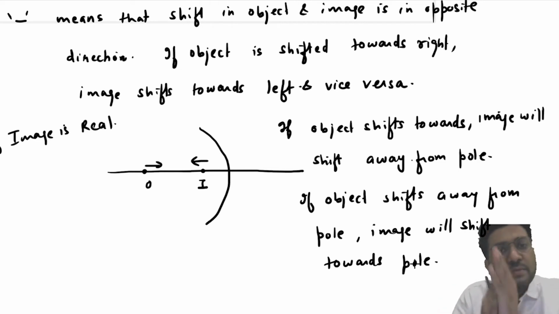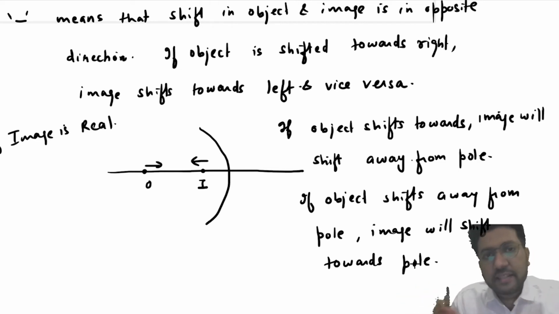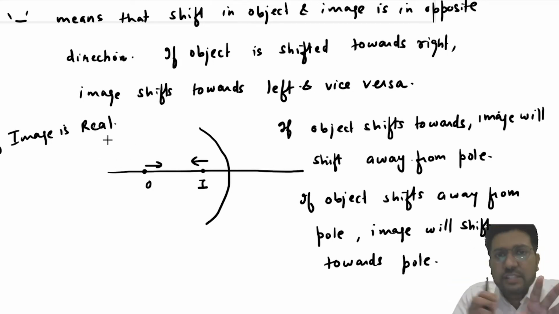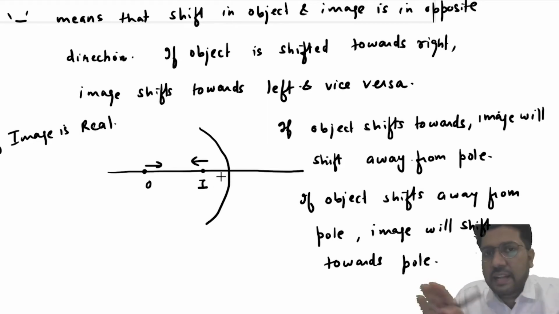And similarly, if object moves towards left, image moves towards right. That is the basic thing. But sometimes it is also represented like this. If image is real, if the object is moving towards the pole, not right left, they are saying object is moving towards the pole, then the image will move away from the pole. Similarly, if the object is moving away from the pole, the image will move toward the pole. But this is for a real image.